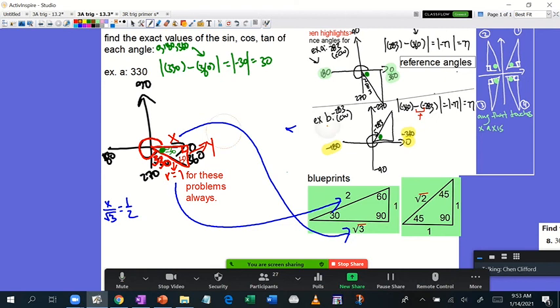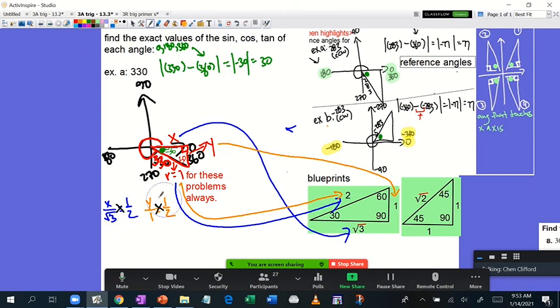Now Y is across from the green 30. And so Y links up with the 1, because 1 is also across from the 30 here, and we're going to reuse this: 1 links up with the 2. So Y over 1 equals 1 over 2. I'm going to cross multiply and solve.